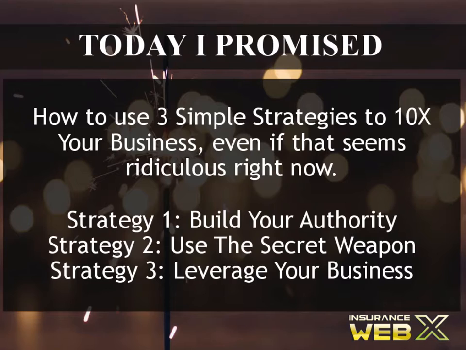Strategy number 2, use the secret weapon. The secret weapon is having that one source. What I have found is that LinkedIn is the best source for financial advisors or insurance advisors. Strategy number 3, leverage your business.